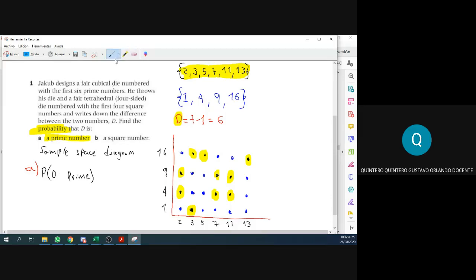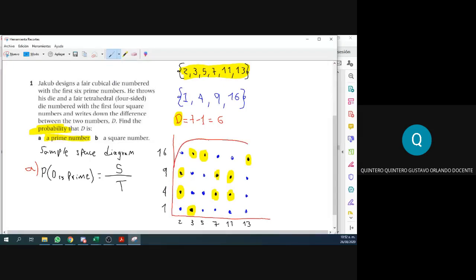Let me just do a little bit of a space here. D is prime. What is the probability? All right, as usual, we have success over total, right? Now, as I always say, try to begin doing the total first. How many combinations do we have here? What is the total?